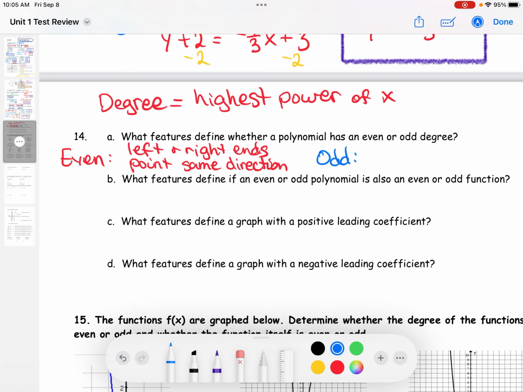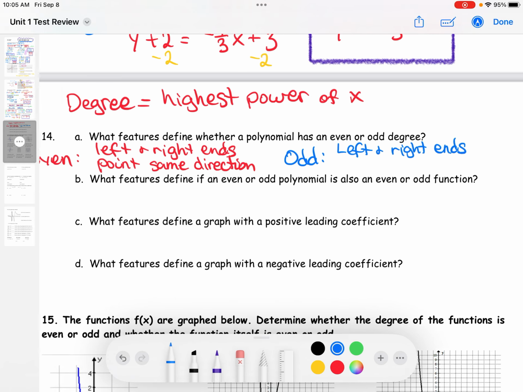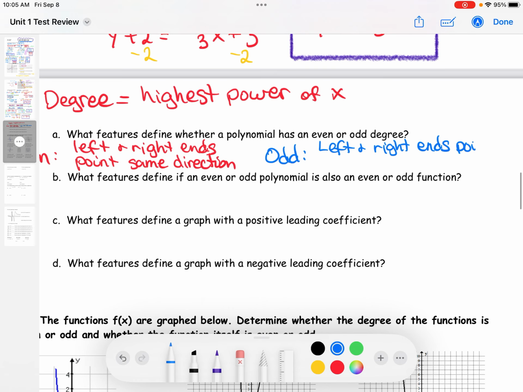Then on an odd function, the left and right ends point opposite directions, meaning one points up and one points down.